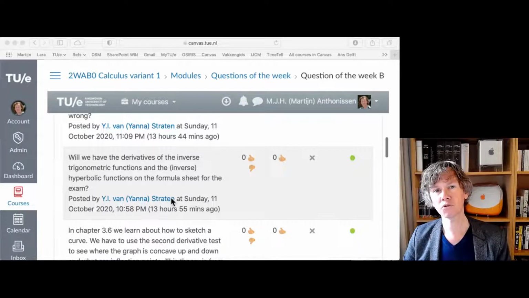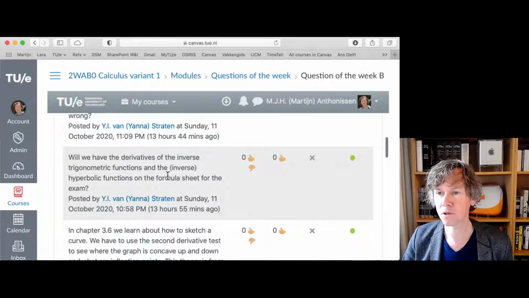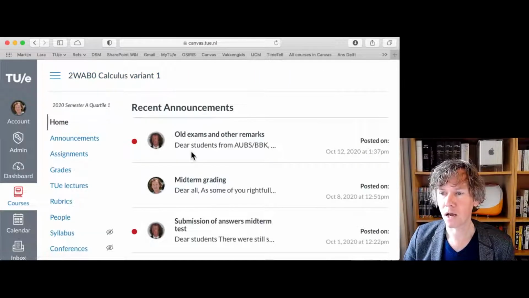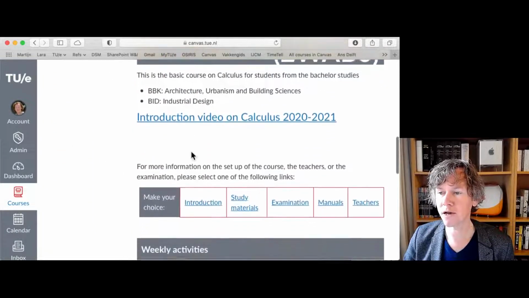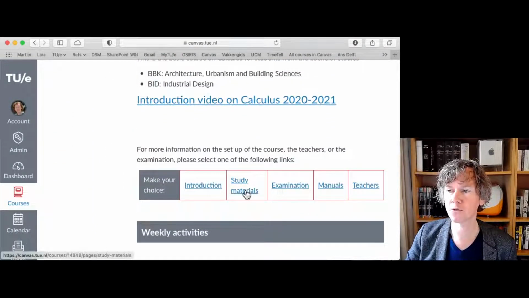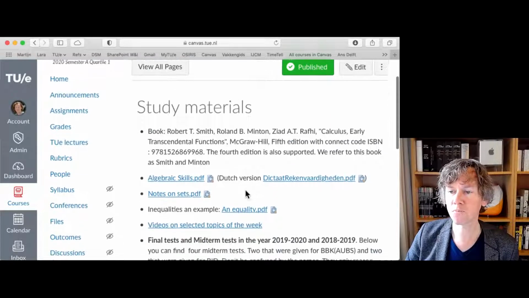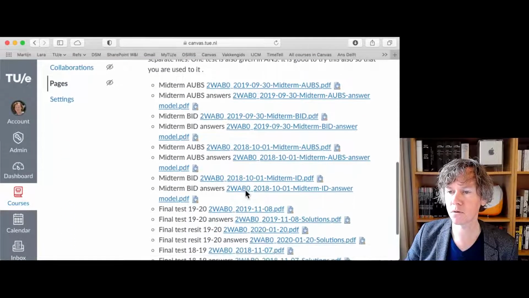Now, you may not have seen this yet, but we put up all the exams. So let me go there now. Let me go to, let's see, calculus. Okay. And then if you go here at the very top of the page to study materials, if I click that, then you see that where we put the old midterm tests, this list has become a little bit longer.